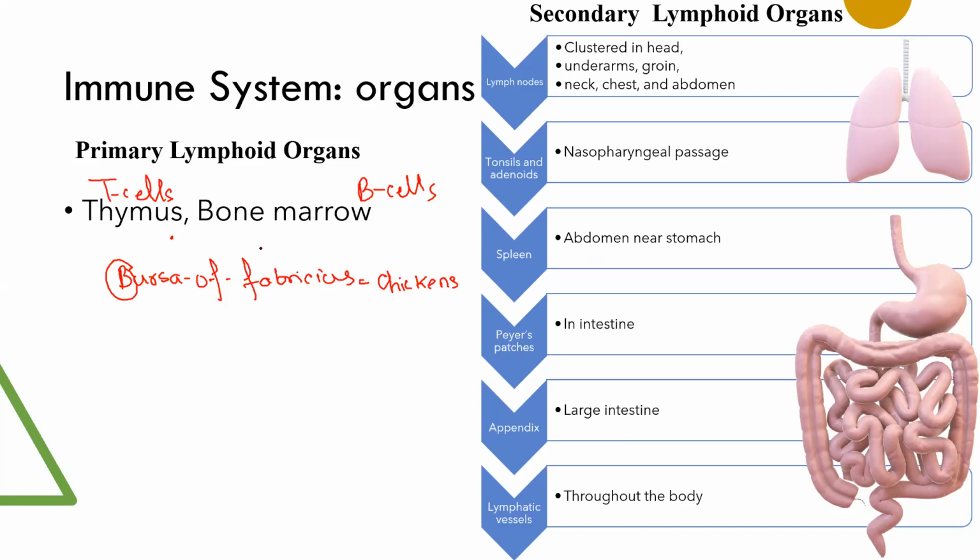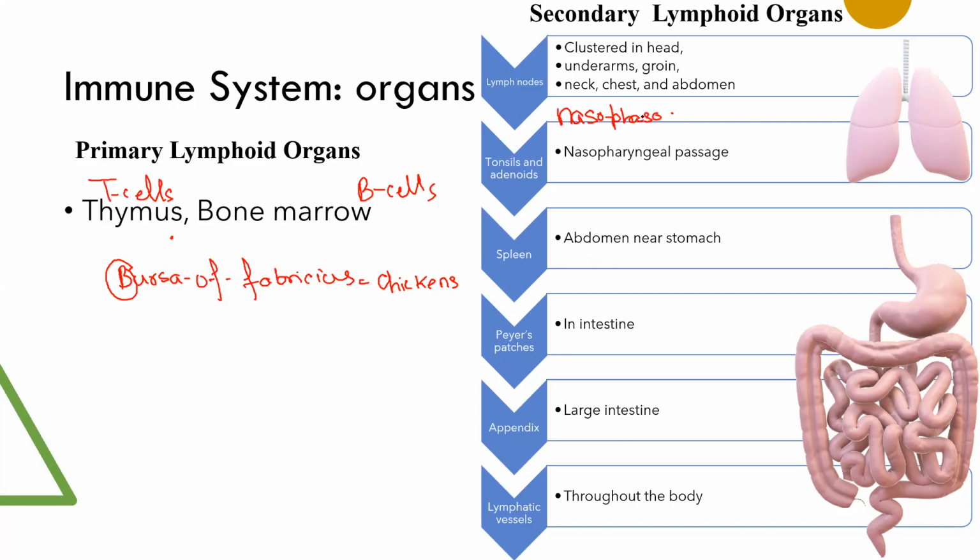Now, once the B cells and T cells have matured, they move throughout the lymphatic system and they reach different lymph nodes which are present in different organs. See here I have put the structure of lungs because our nasopharyngeal cavity is directly linked to the trachea and the lungs.